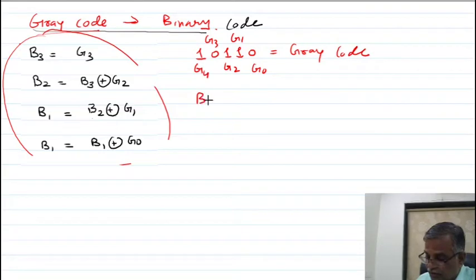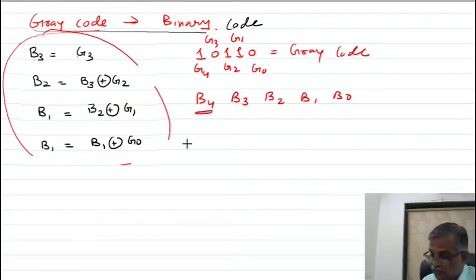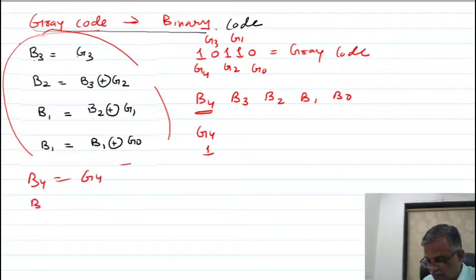What is your corresponding binary? For B4, what should I write? It is nothing but G4, so it is 1. For B3, you can write B4 exclusive OR with G3.